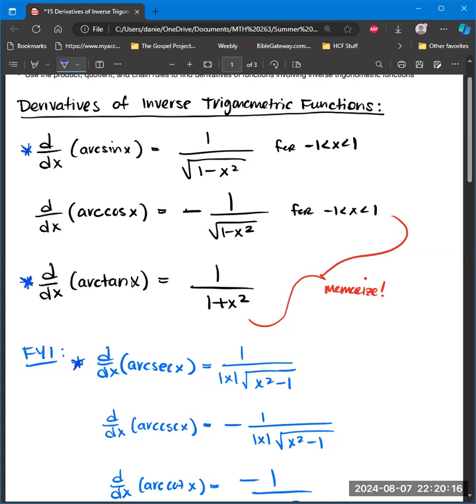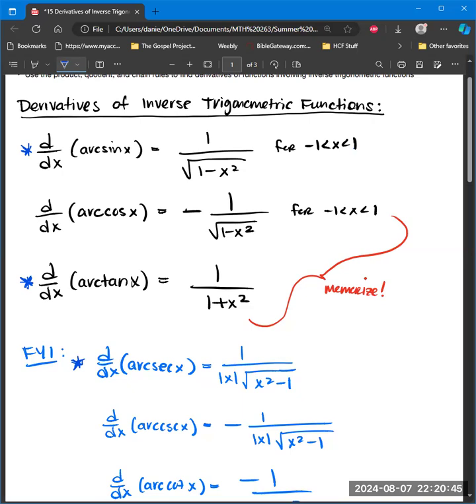I can't put -1 or 1 in there because that's going to make the denominator 0, and I don't want that. Same thing here for our cosine. Notice that it's a cofunction, so it's going to have a negative in it, but everything else is the same.